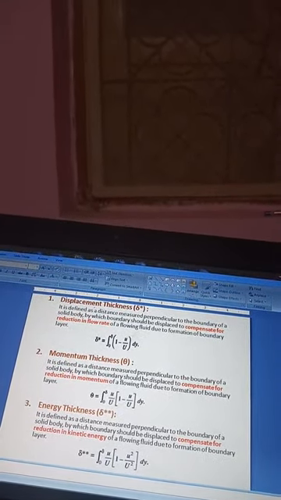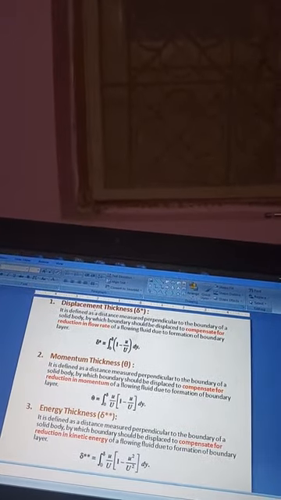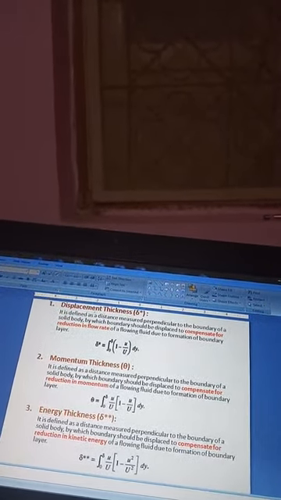Now, by balancing the momentum equation, that is Newton's second law of motion, conservation of momentum, theta is equal to the integration from 0 to delta of u upon capital U into 1 minus u by capital U into dy. This formula also we have to remember.